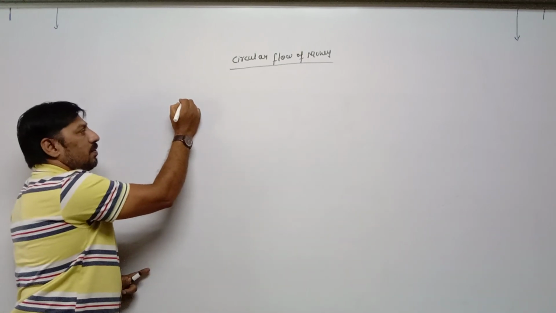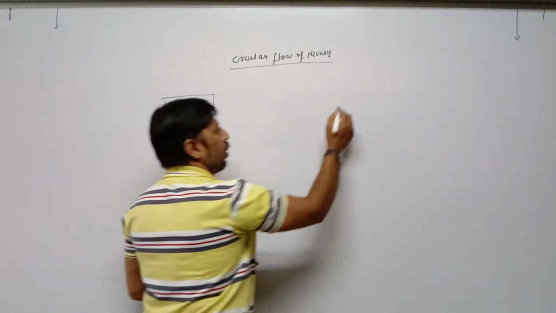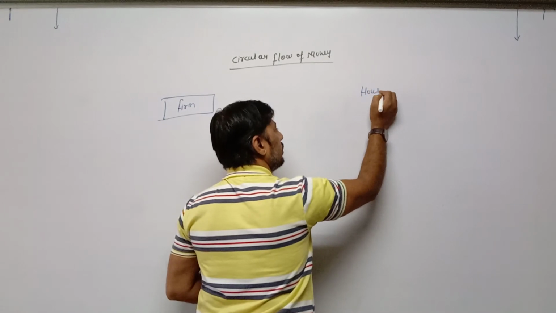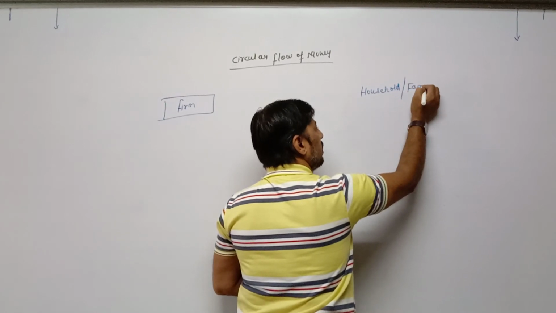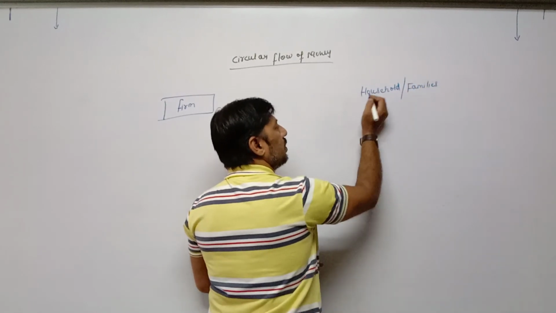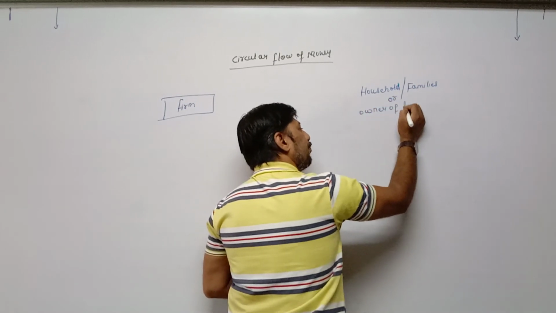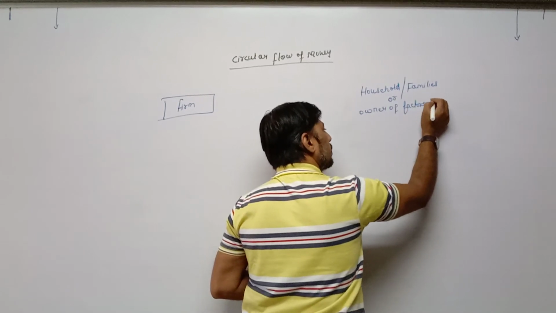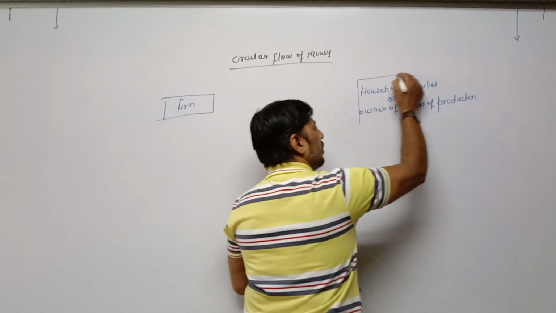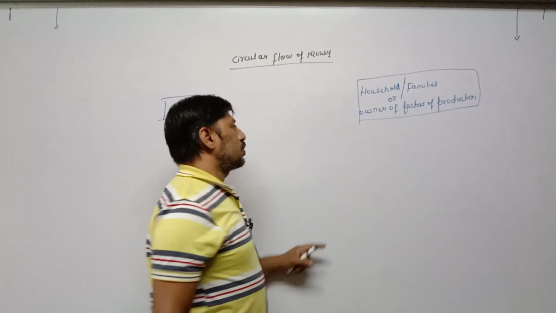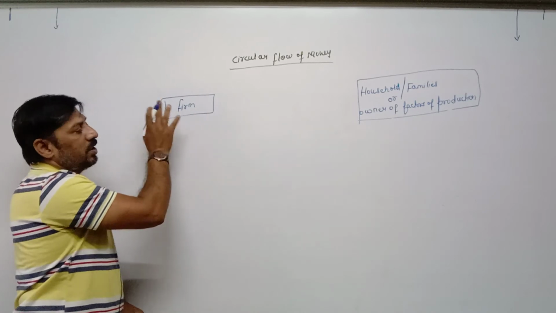One is firm, F-I-R-M, and the other is household, or families, or owners of factors of production. Here firm means business units or industrialists.